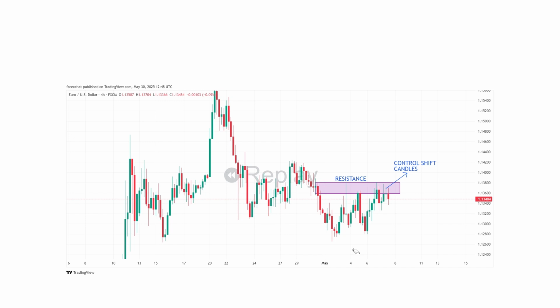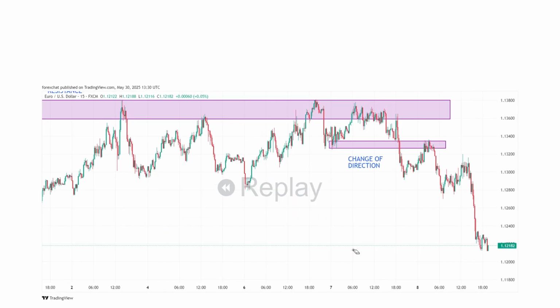When price gets to our resistance zone or our support zone and we see control shift candles, we know that price has a higher probability of respecting our zone. That should be one confirmation that, let's say it's a resistance, we can sell. But where do we find the actual entry for that trade?